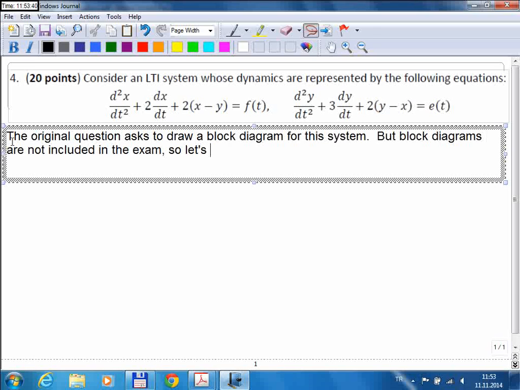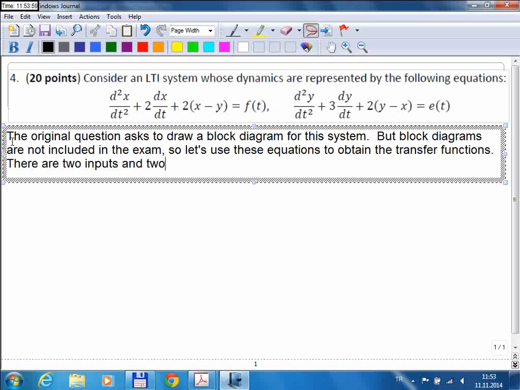So let's use these equations to find the transfer functions. There are 2 inputs and 2 outputs, so there exists a 2 by 2, not 3 by 3, transfer function matrix.